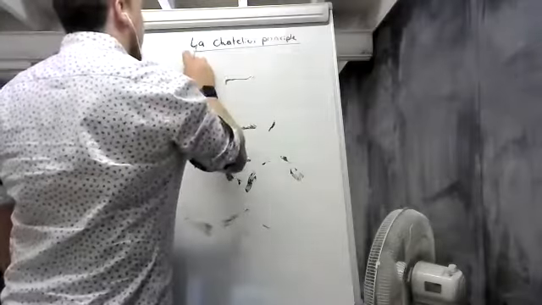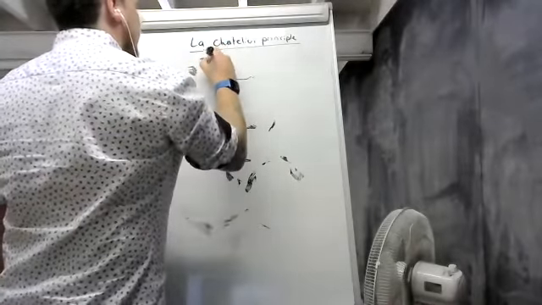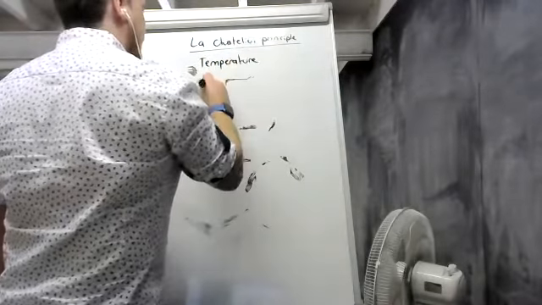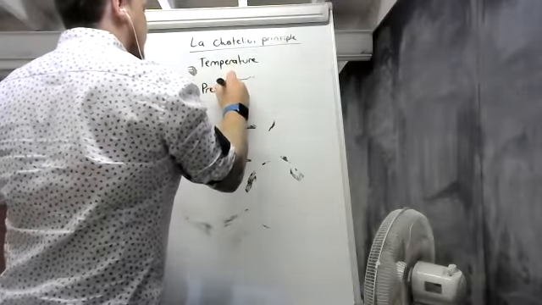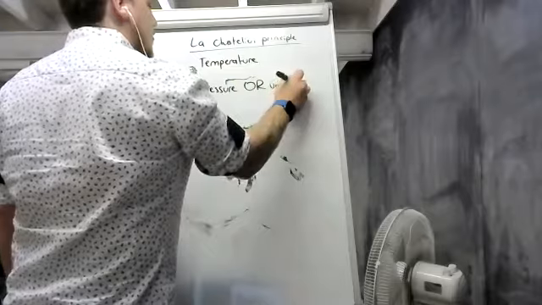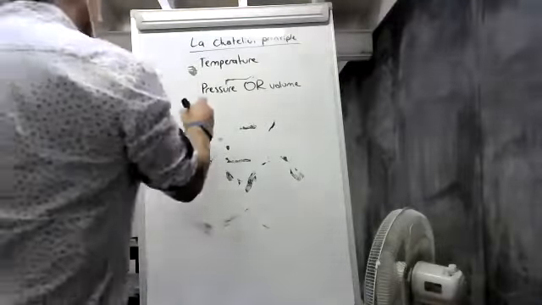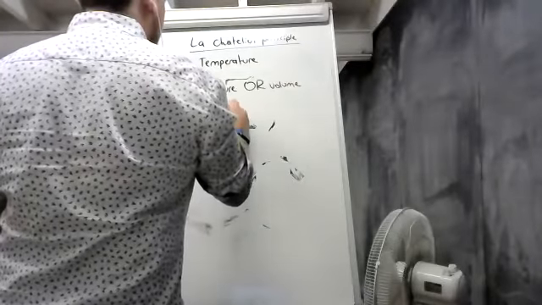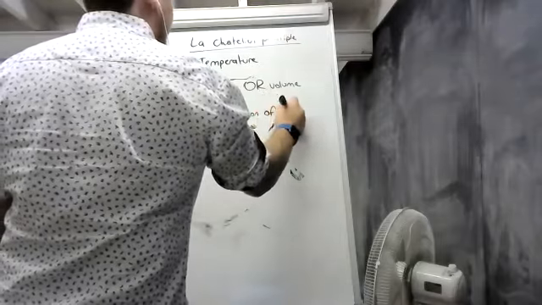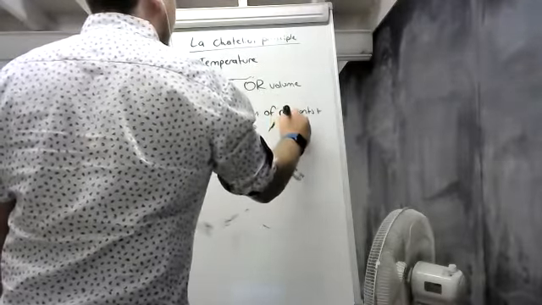So we could look at temperature, pressure, or volume. We'll look at concentration of reactants and products.